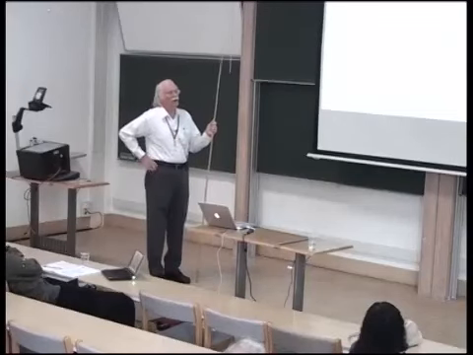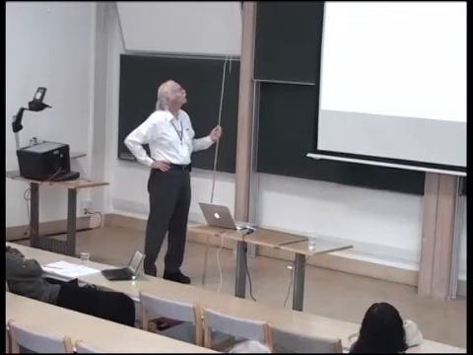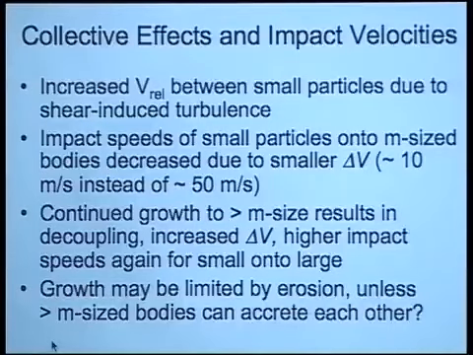Okay, so the net effect of all this on the impact velocities at which particles are going to encounter each other is that the small particles, which would otherwise be colliding very gently with each other, are stirred up by the presence of large particles and collide at much higher speeds than they would simply from their drift velocities. The turbulence is more intense here due to the presence of the larger bodies.